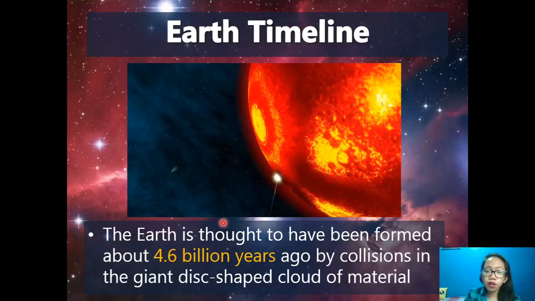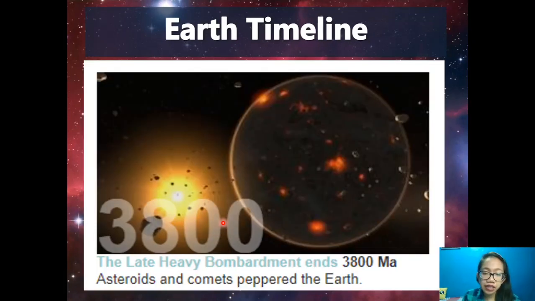Okay, so Earth was formed about 4.6 billion years ago by collisions in the giant disc-shaped cloud of material. So, the collisions within the accretion disk. And then we had a period called the late heavy bombardment. This is a part of our history wherein we don't have a developed atmosphere as we have now.